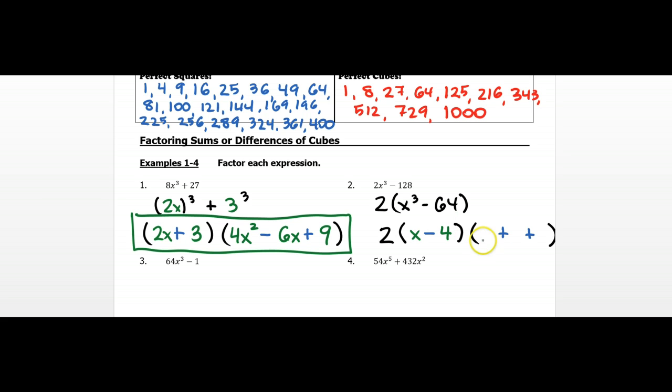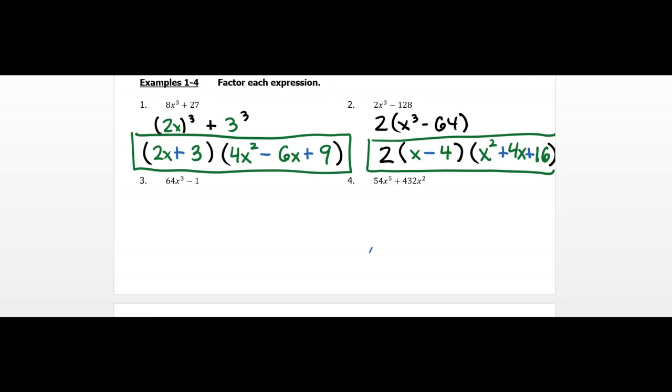To get the trinomial, we square the x for our first term, so that's going to give us x squared. We square the 4 here for our last term, that will give us 16. And then finally, we multiply x times 4 to get 4x, and that would be our middle term here. So this factors into 2 times the quantity x minus 4 times the quantity x squared plus 4x plus 16.